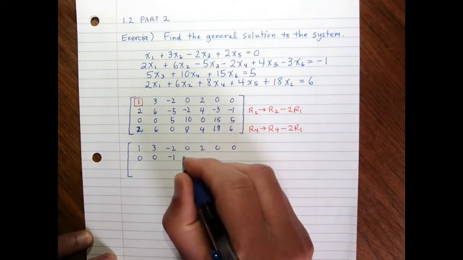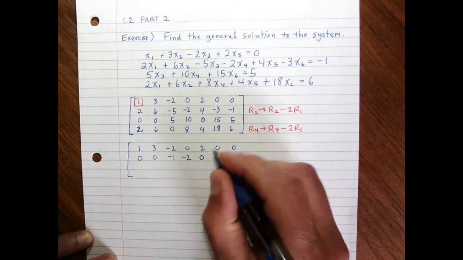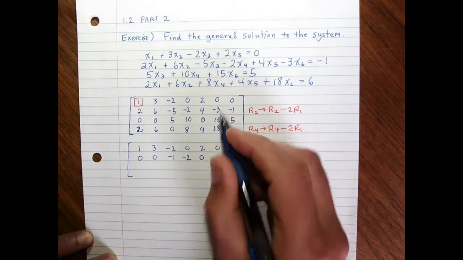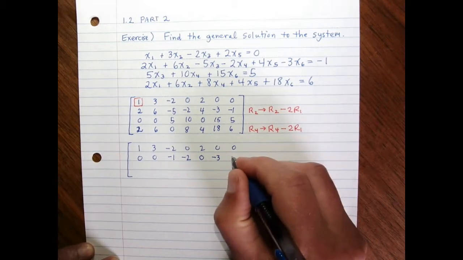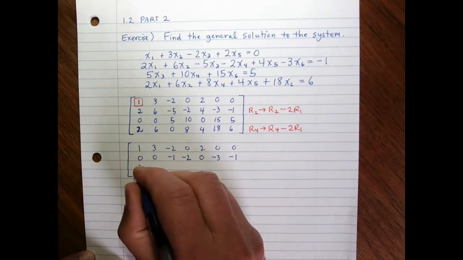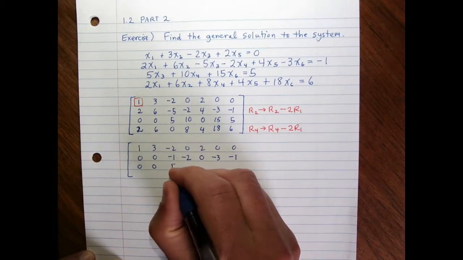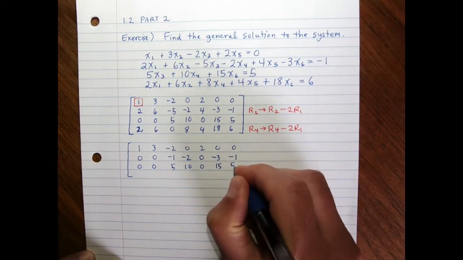Negative 2 minus 2 times 0 is negative 2. 4 minus 2 times 2 is 0. Negative 3 minus 2 times 0 is negative 3. And negative 1 minus 2 times 0 is negative 1. And now I recopy 0, 0, 5, 10, 0, 15, 5.